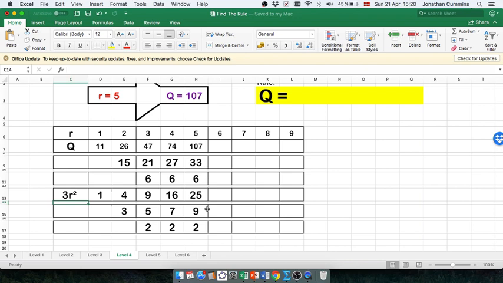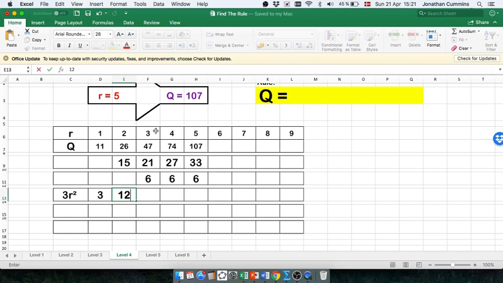So let's just try 3 times r squared as the rule. So 3 times 1 squared would be 3. 3 times 2 squared would be 3 times 4, which is 12. 3 times 3 squared would be 27. 3 times 4 squared would be 3 times 16, which is 48.